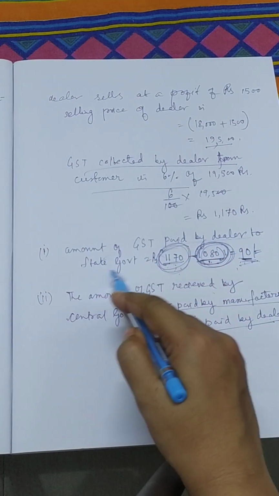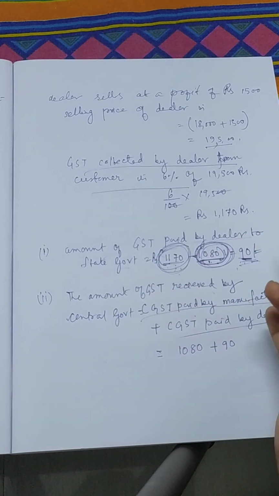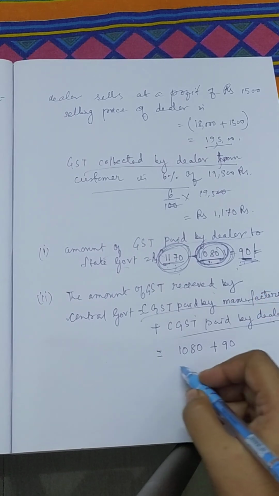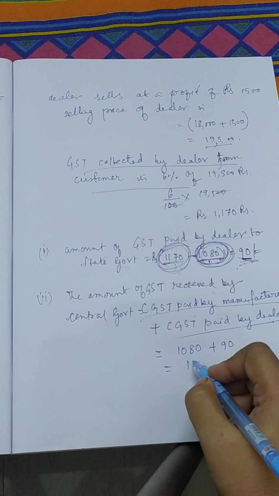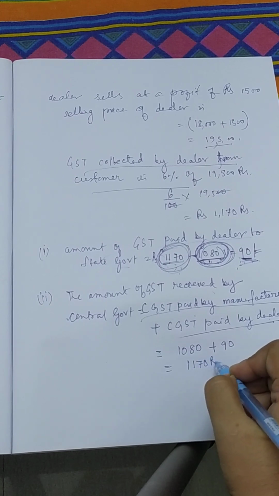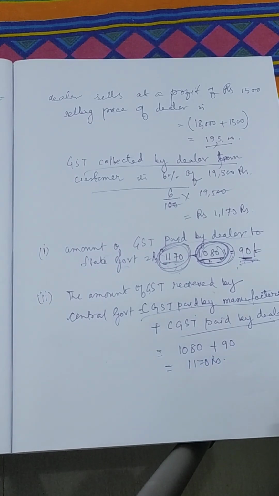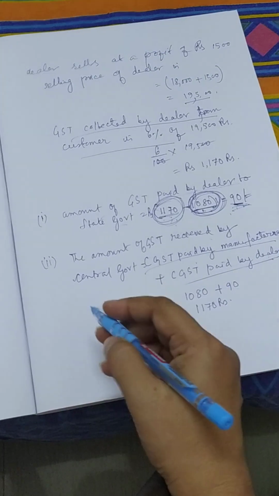The amount of GST paid by the dealer to the state government will be equal for the central government, because it is intrastate, 6%, 6%. So that will be 1170 rupees. Right?